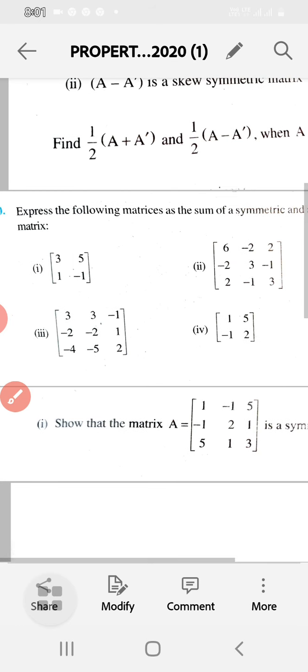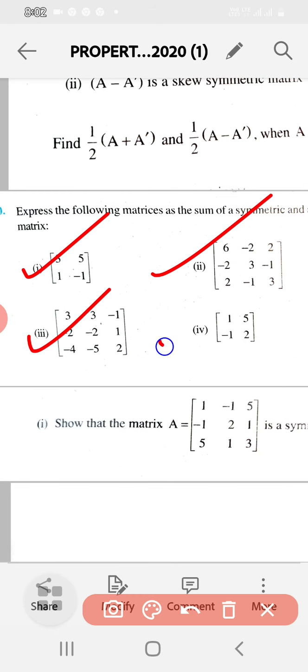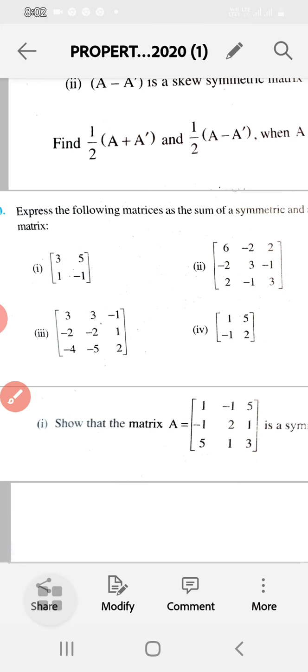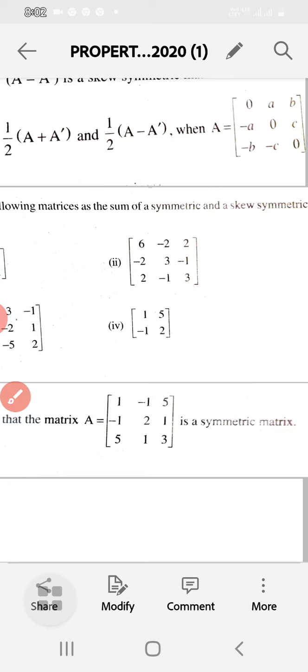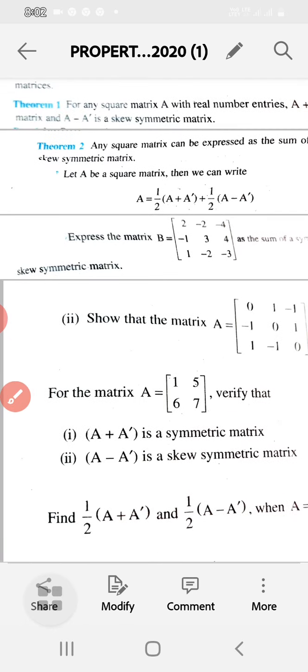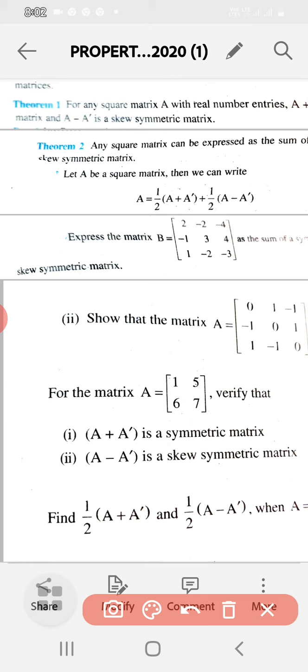So here there are four examples, four matrices, and we have to express these as sum of symmetric and skew symmetric matrices. Then the last example is, show that the matrix A is a symmetric matrix. Let us understand one by one.